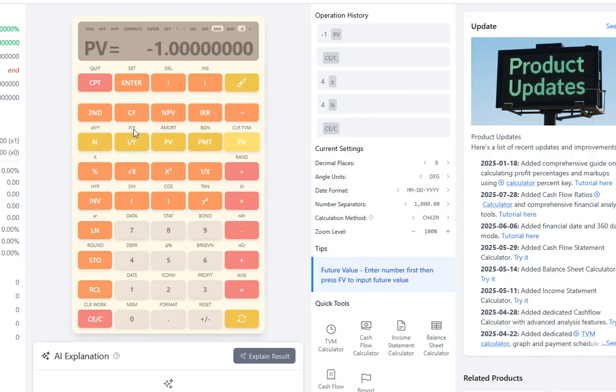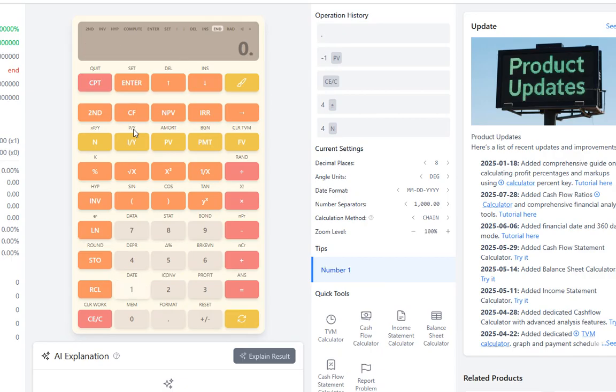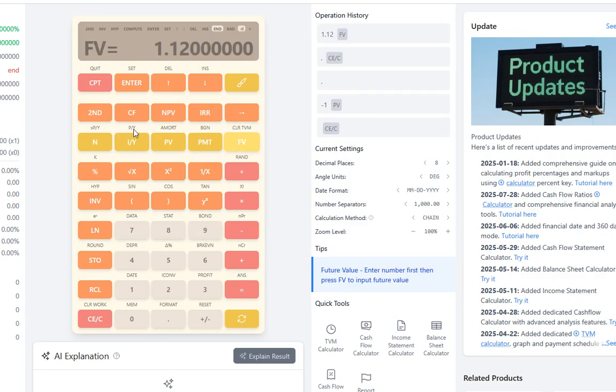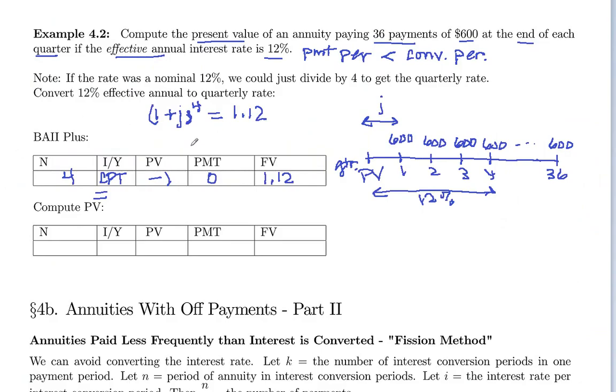Payments not used, that's zeroed out. This calculator's a little finicky. 1.12 is our FV, and then we are computing I/Y. So 2.873 approximately. If you'd solved up here, you'd get j is 0.02873.